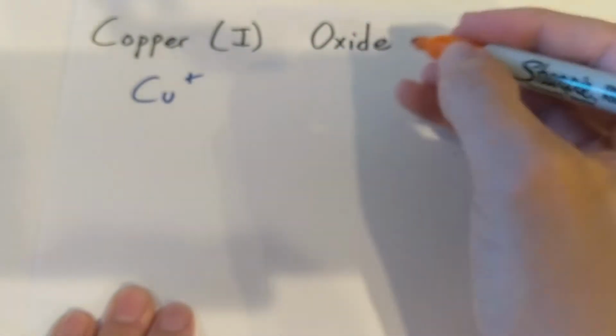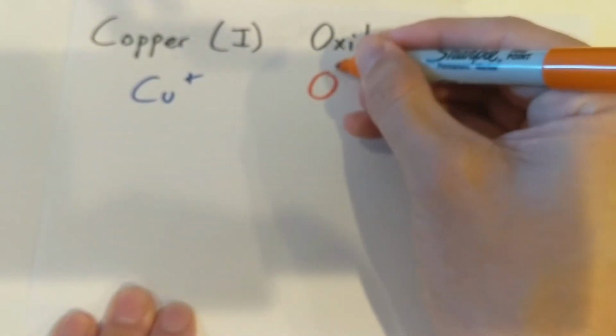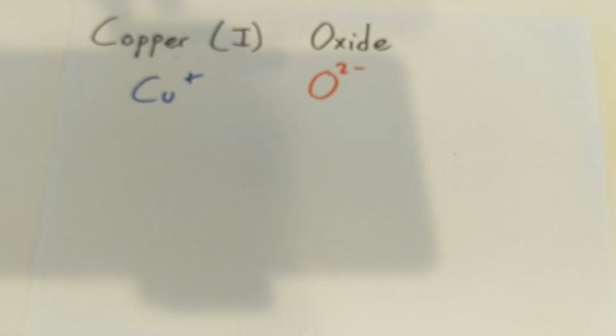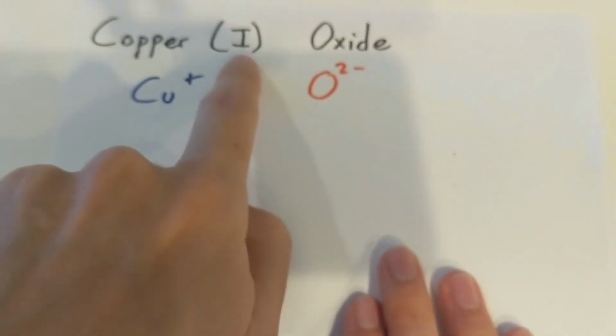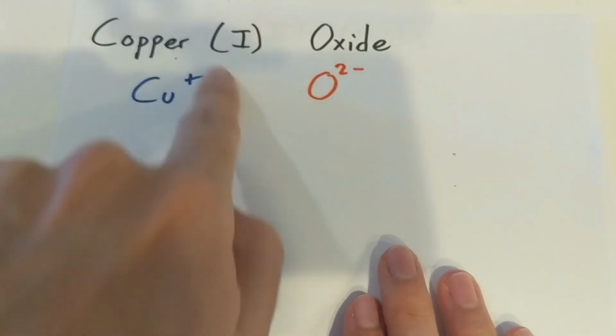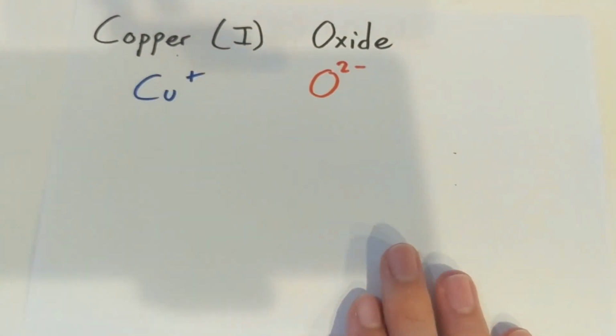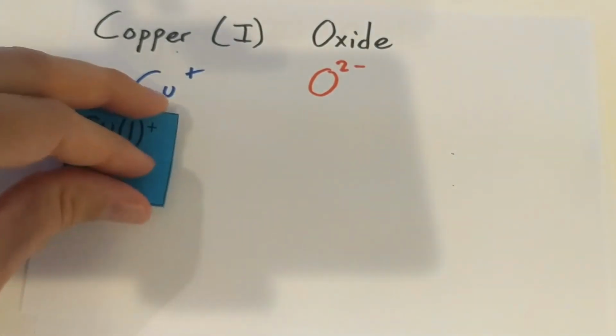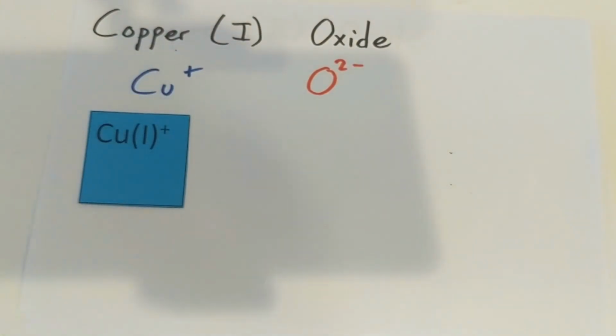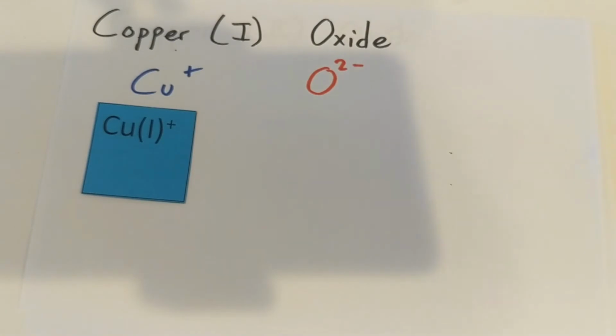And oxide would be oxygen with a 2 minus. That is the biggest mistake I see students making. They think 1 copper in the formula unit. It actually means the charge is +1. So we're going to put copper 1 right there.